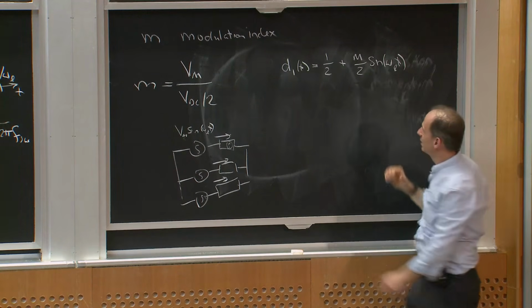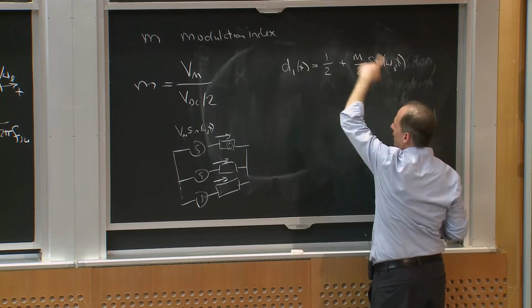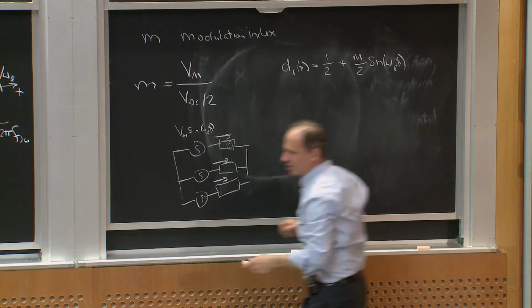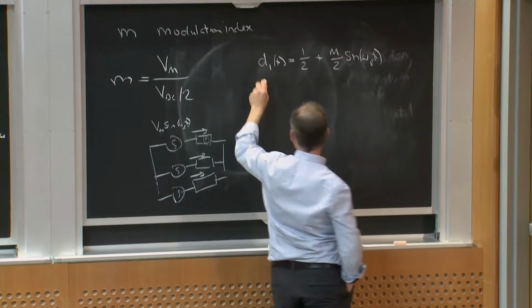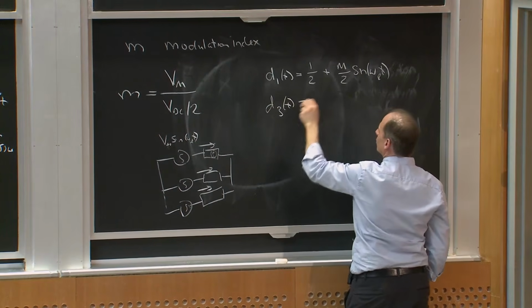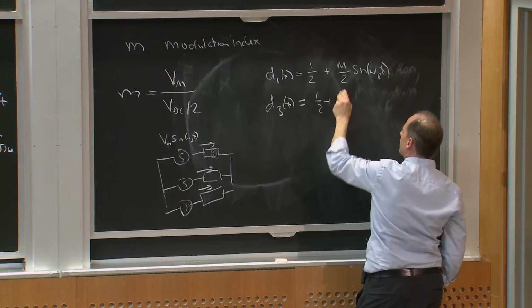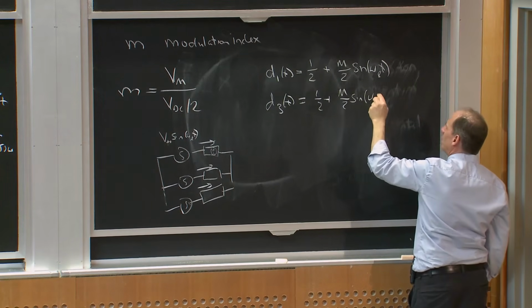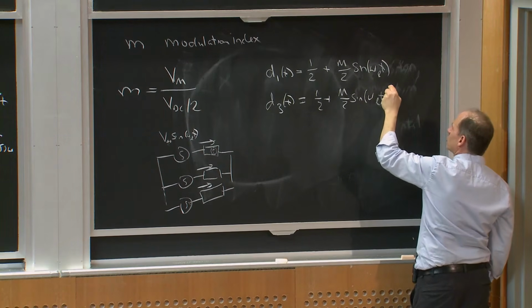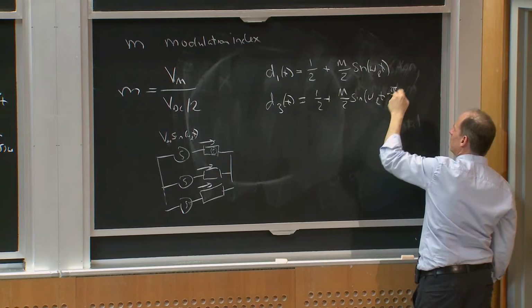And then if I was looking at D3, it would be the same thing. Actually, it's not D3, I forget what the middle switch, top switch is. It is D3. D3 would be equal to 1/2 plus m over 2 sine omega L t minus 2 pi over 3, for example.